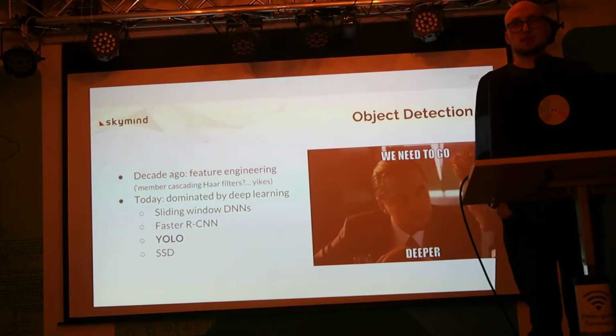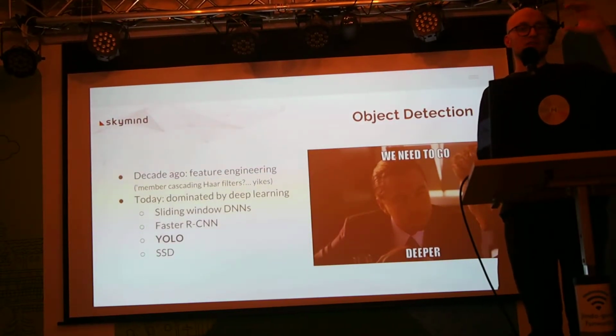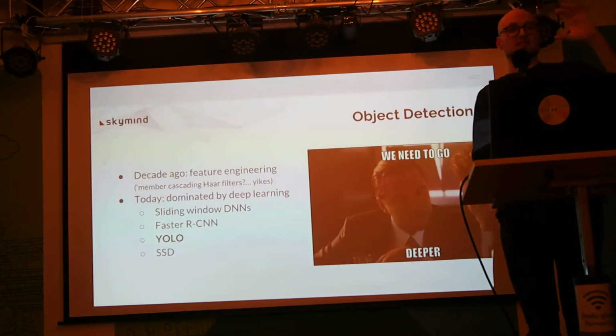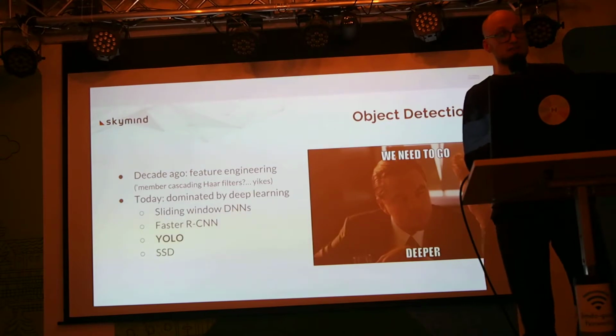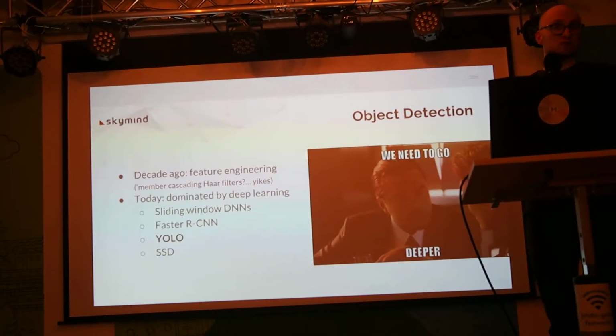You can define a classifier which distinguishes cats and dogs, or whatever, and of course you can do this for object detection as well by using a sliding window approach, defining a window that slides through your image and always asks, is this a dog, is this a dog, is this a dog. And this also works quite well, but it's kind of slow, right?